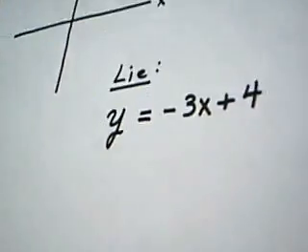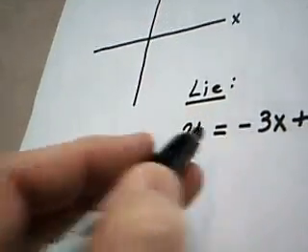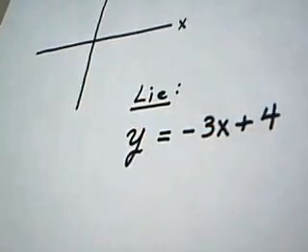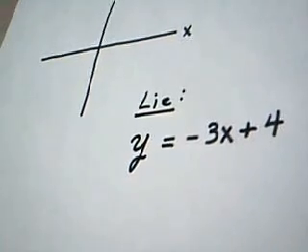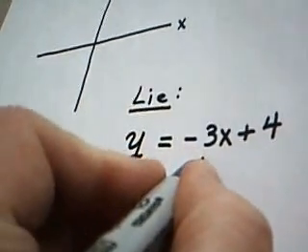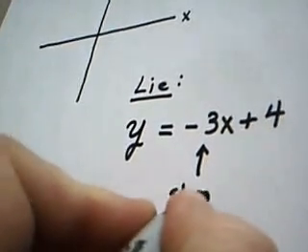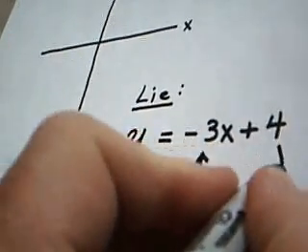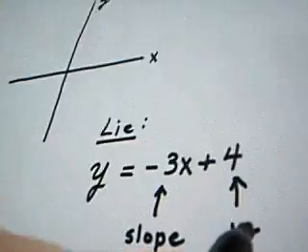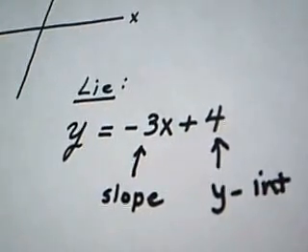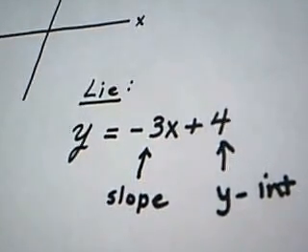In other words, I'm going to pretend I was dealing with an equation to start with. Now, this equation, if you'll recall, is in slope-intercept form. What it means is this number is the slope of the line, and this number is the y-intercept of the line, which is where the line crosses the y-axis.